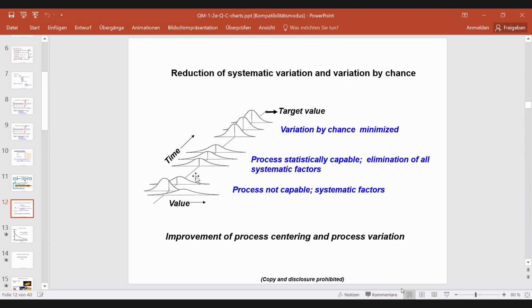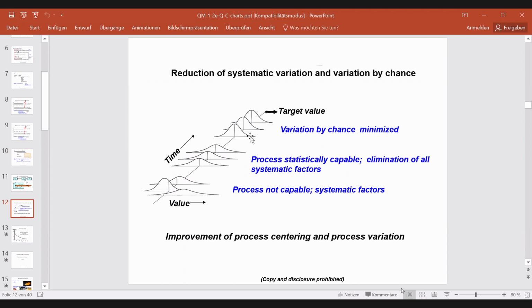So the first goal is to bring the process under control. This means that every production they do has nearly the same mean value. And then the next goal is to reduce the variation to get a smaller standard deviation. So this is the reduction of systematic variation and variation by chance.